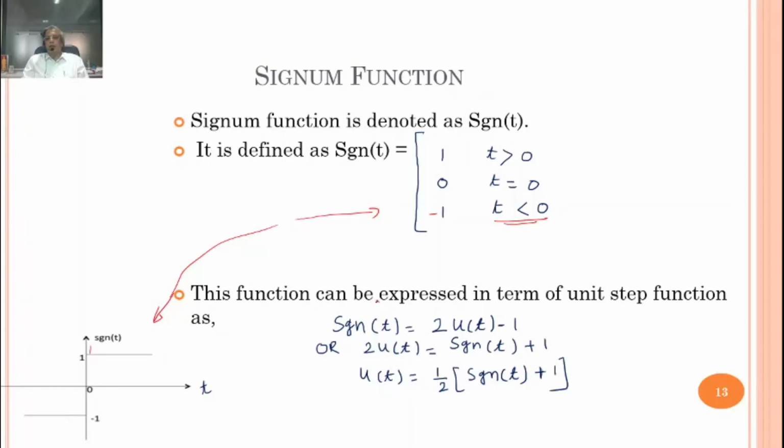Now this function can be expressed in terms of the unit step function, that is, signum t equal to 2 u(t) minus 1. As we know, the u(t) function, the unit step function, exists only for the positive values of t. Hence for positive values of t, u(t) is 1.